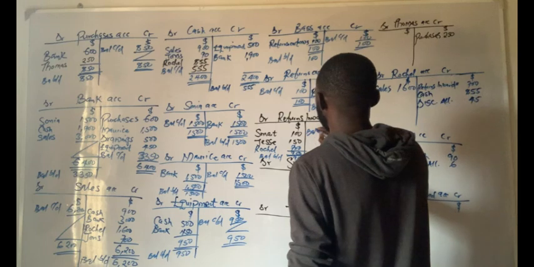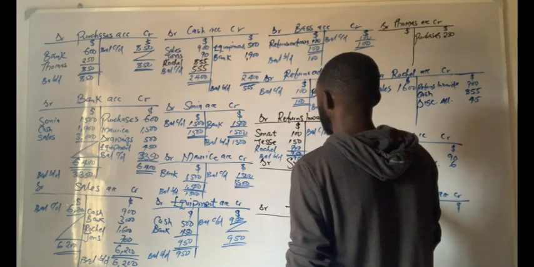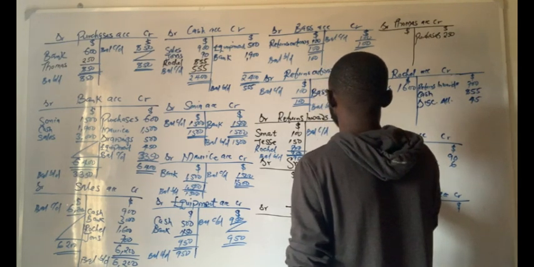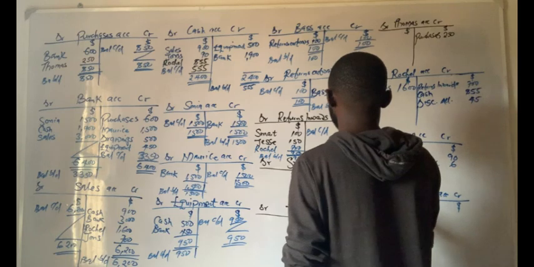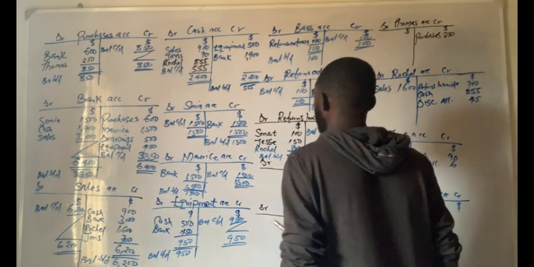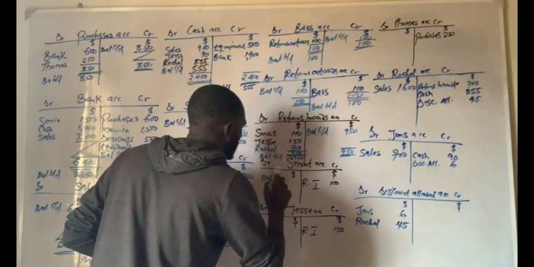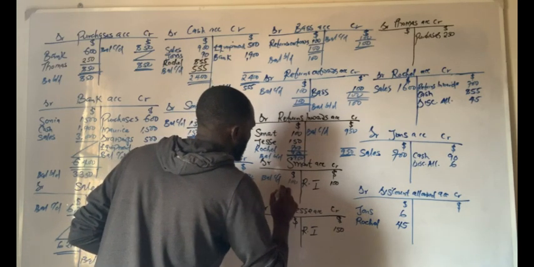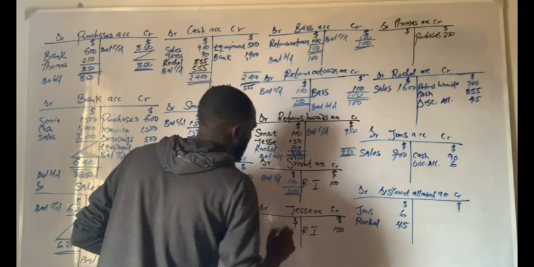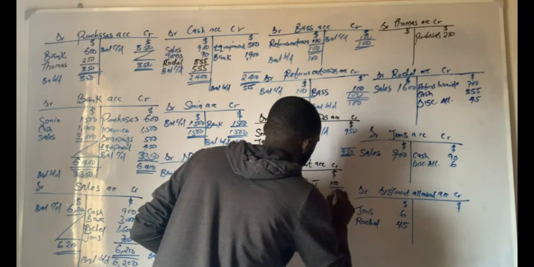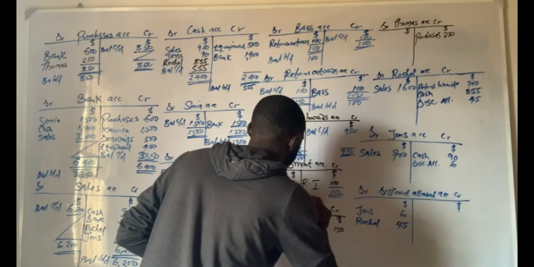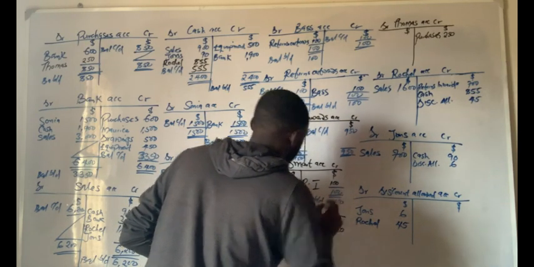So balance carried down is 950, which our total is going to be 950. Then in the smart account we have balance carried down is 100, total is 100, and then balance brought down is 100.